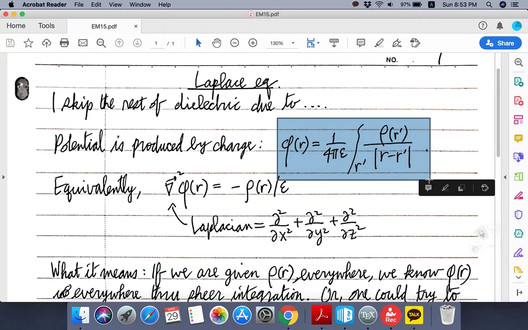So what I want to do today is to go back to a fundamental equation of electrostatics, which gives the electrostatic potential at arbitrary position r as a function of the charge distribution function given for all the positions in space. And the relation is quite simple. It's just an integral of the charge density with the weight that falls off as the inverse distance.